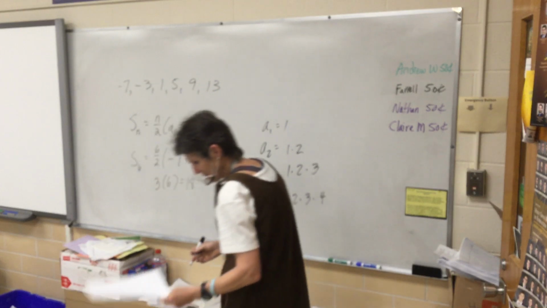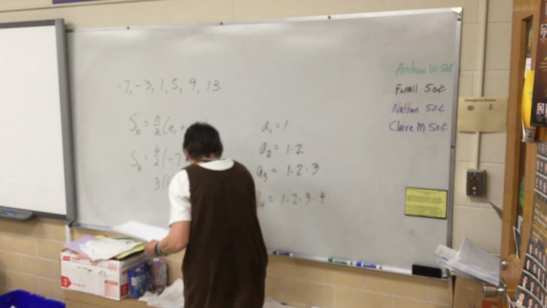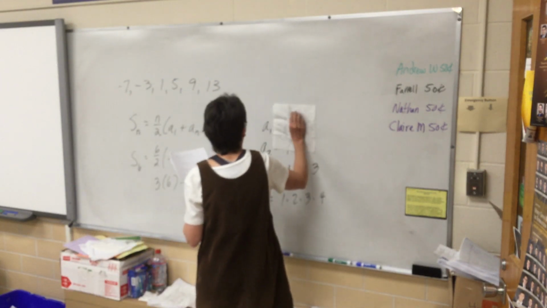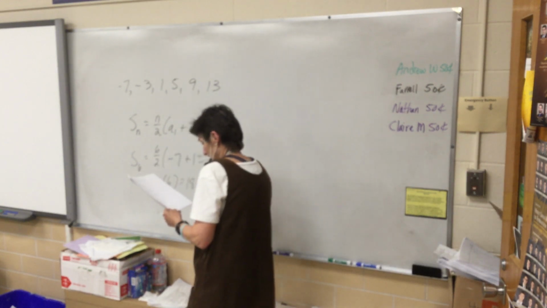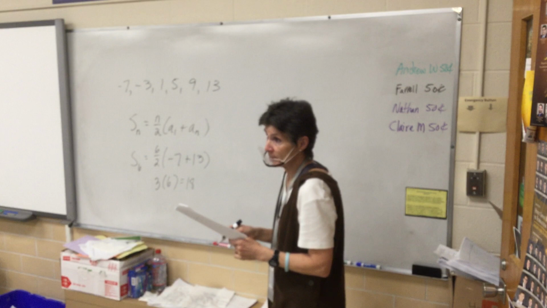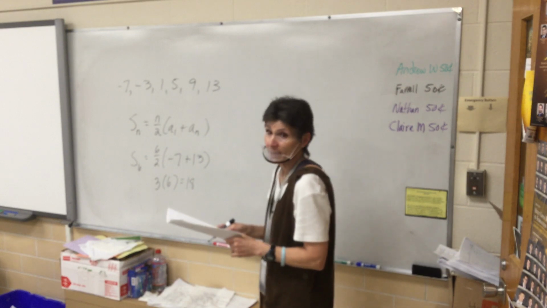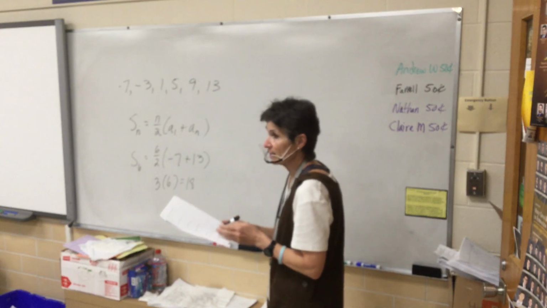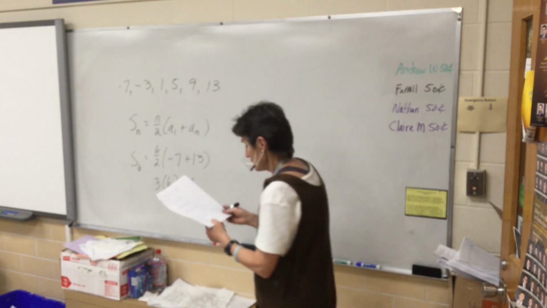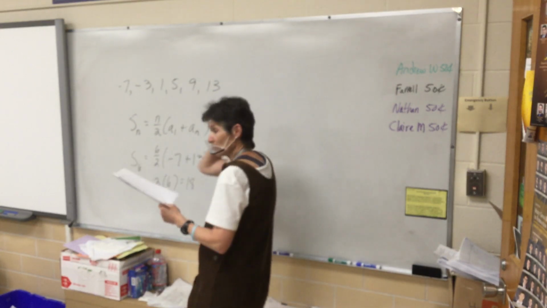All right, now what makes the next one a little bit trickier? Well, first of all, there's a whole bunch of terms. Second of all, I do not know what they are. I don't know how many there are. There's a gap in there. So, would you agree it's arithmetic?